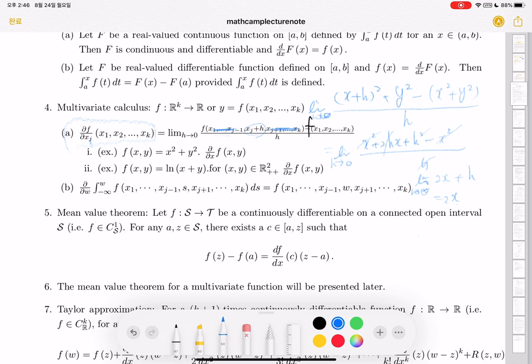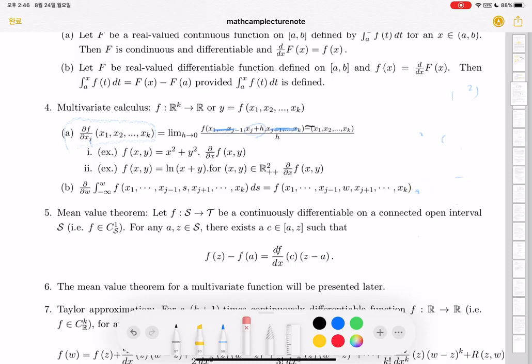So the partial derivative of x squared plus y squared with respect to x is 2x. Okay, what about this?